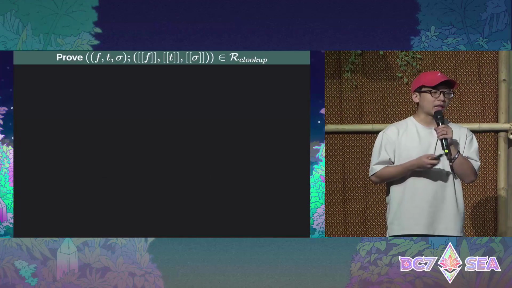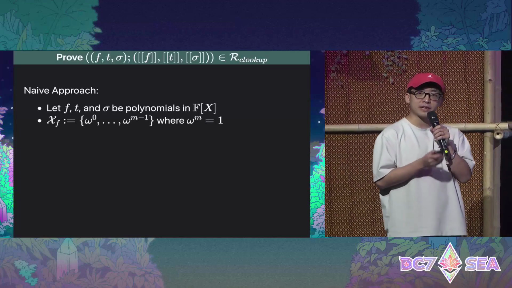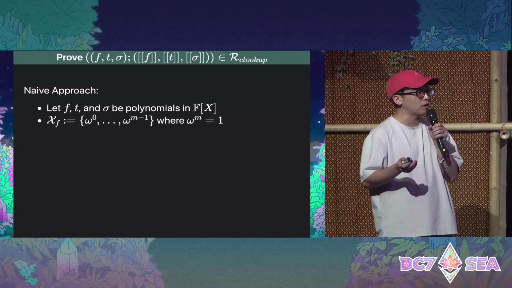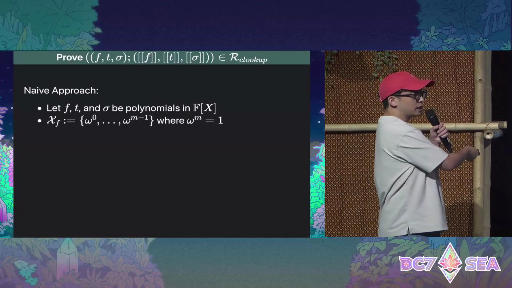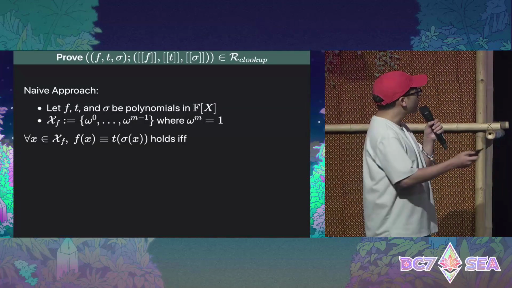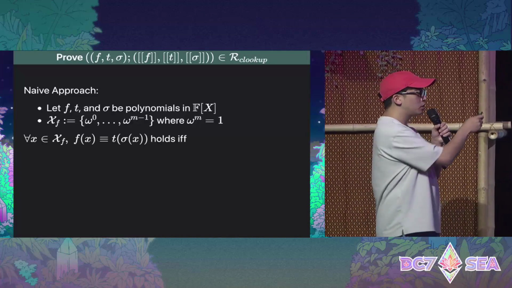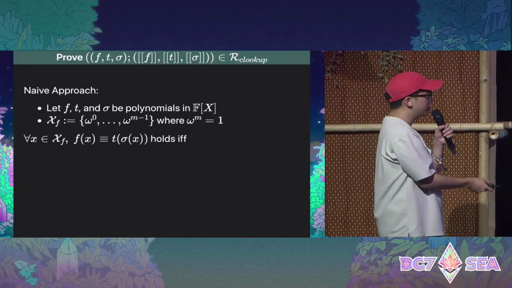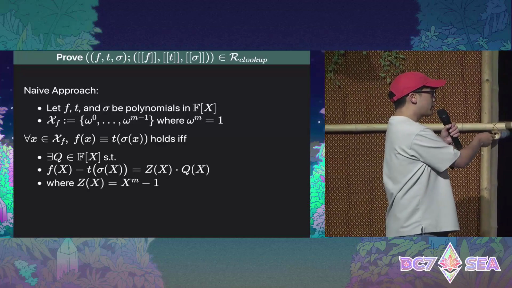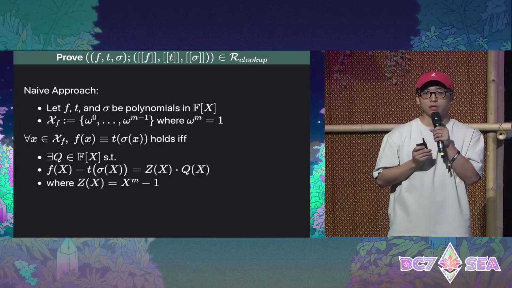First, I'm going to show you the naive version of the approach. We consider polynomials f, t, and sigma over a finite field, using the univariate polynomial approach. Then we map the witness and table elements using the corresponding roots of unity. The relation that f of x equals t of sigma of x for all the roots of unity holds true if and only if there exists a quotient polynomial q such that f of x minus t of sigma of x equals z of x times q of x, for the vanishing polynomial z.